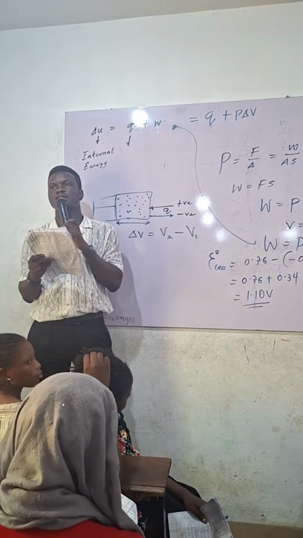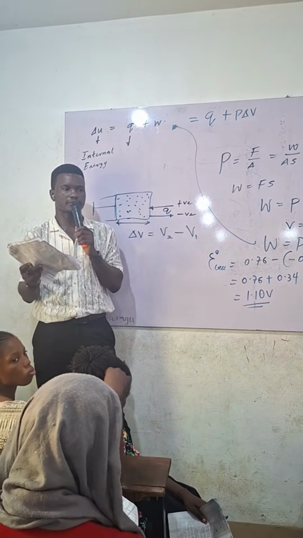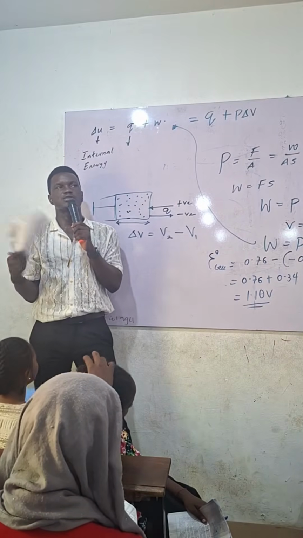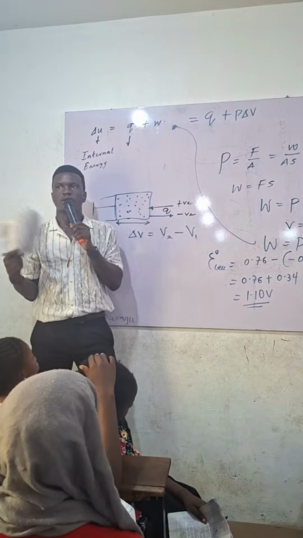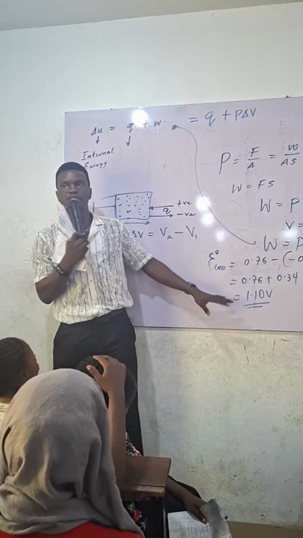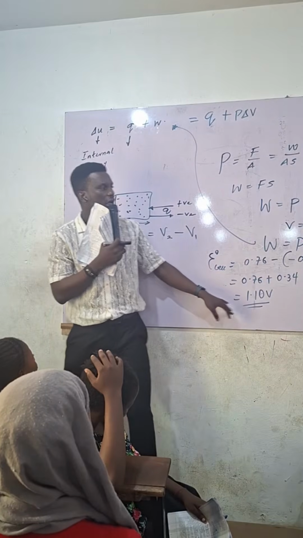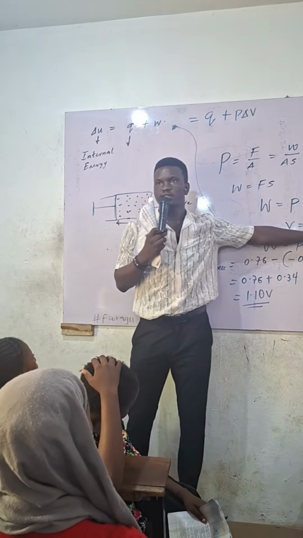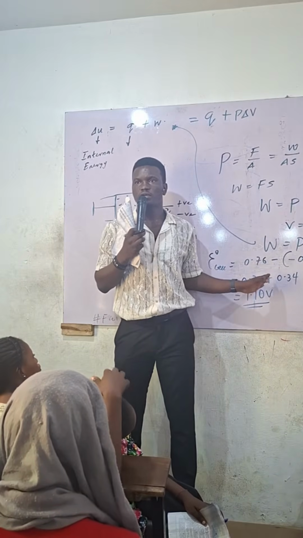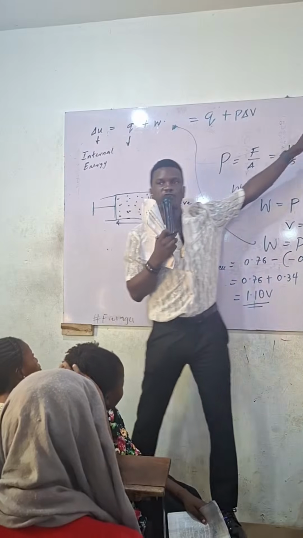It's the fact that the word algebraic sum, all those signs we are seeing, you don't understand this that I've done. 0.76 should be minus. You know this formula.